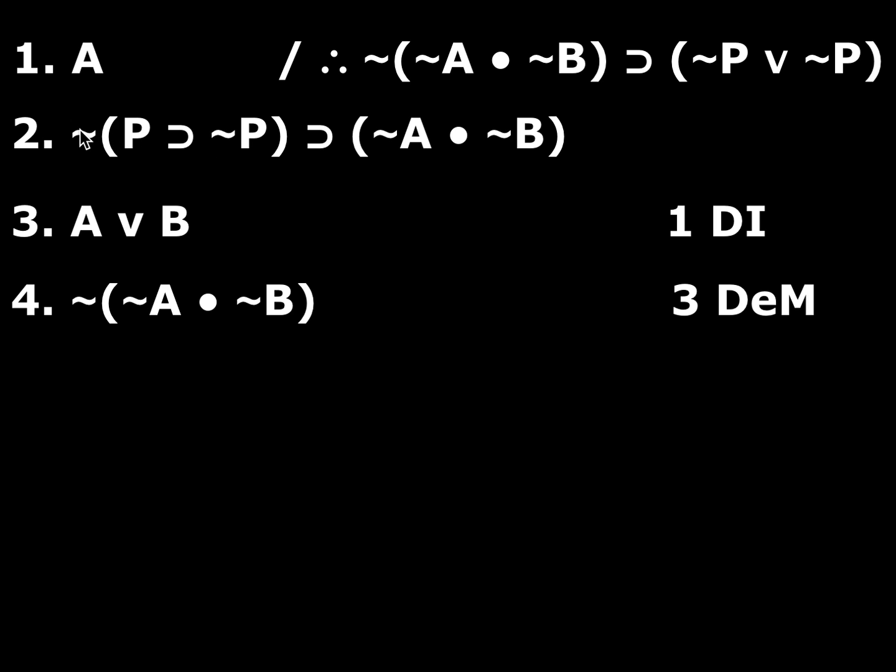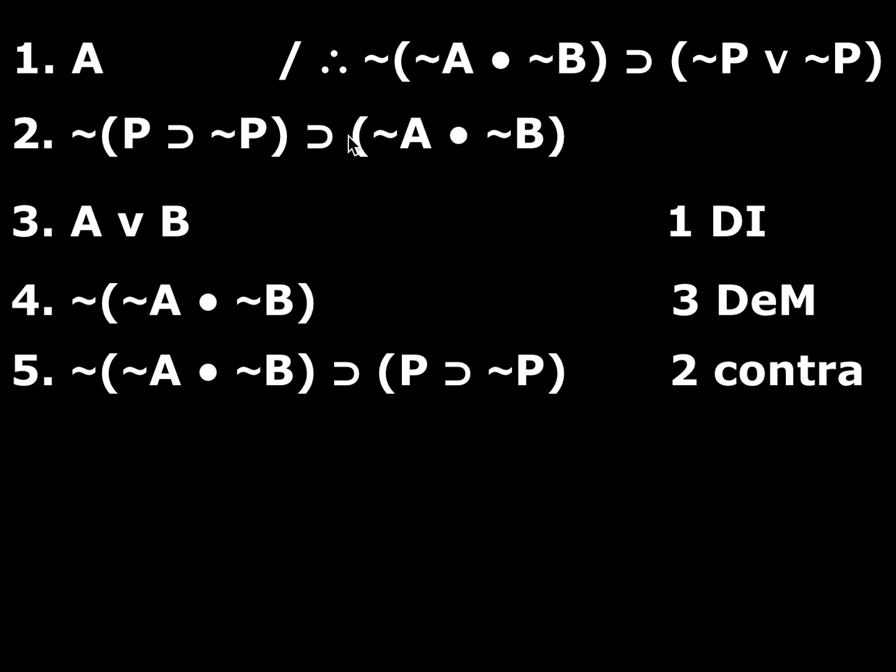So this, not, if P then not P, would become the consequent and get negated, and I can negate that by taking this tilde off, and so that would just be if P then not P. This would become the antecedent, and this would be negated. I would put a tilde out here. So let's go ahead and do that. It's still a conditional. This becomes the antecedent and gets negated. This becomes the consequent and gets negated by taking one tilde off.